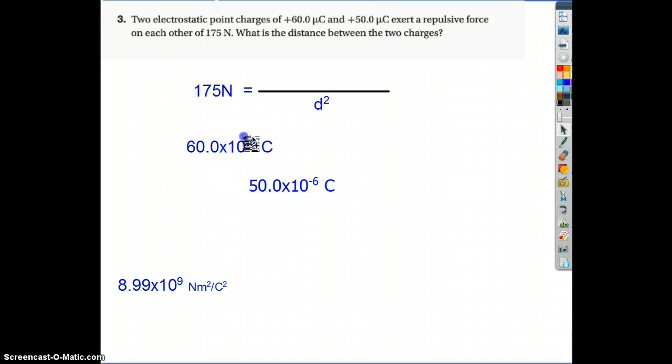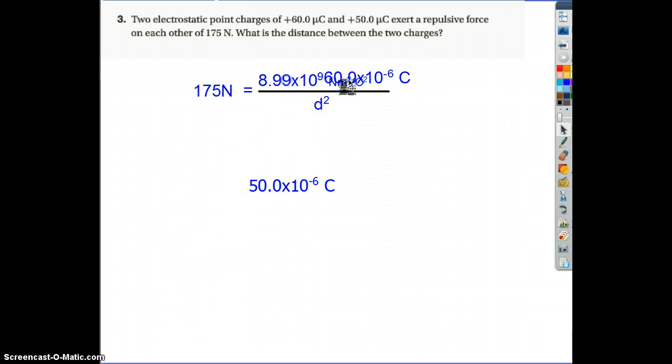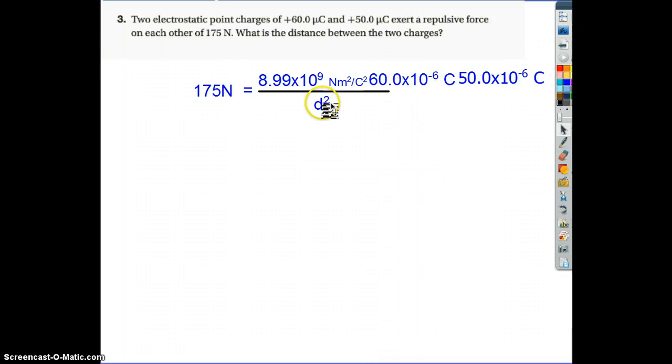Well, look, we're solving a little bit of a different problem this time. Now we have Coulomb's constant again, times charge 1, times charge 2, divided by distance squared. But instead of solving for the force, we're solving for the distance. Now let's look at this from an algebra point of view. You guys can totally do this. This is not a big deal.